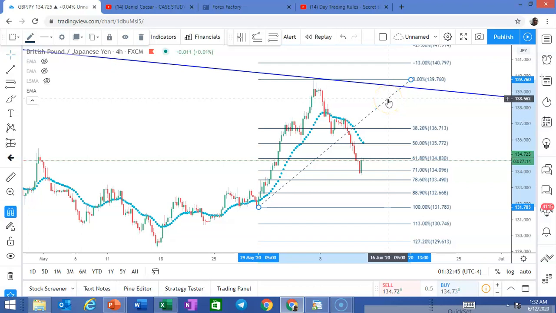Okay. I had said on previous videos that I definitely think this pair rallied, it retraced, and it's going to try to rally again and break this weekly trend line.